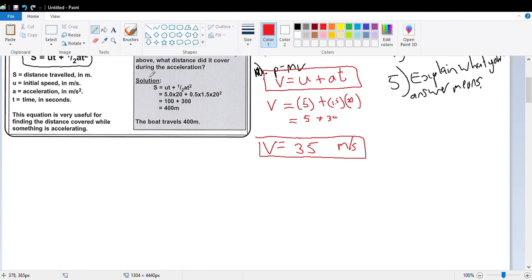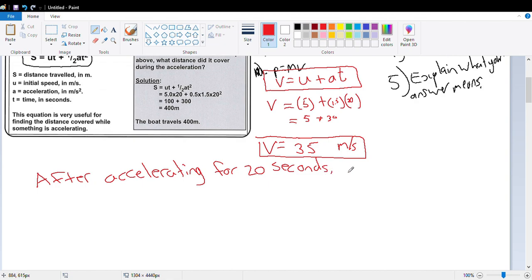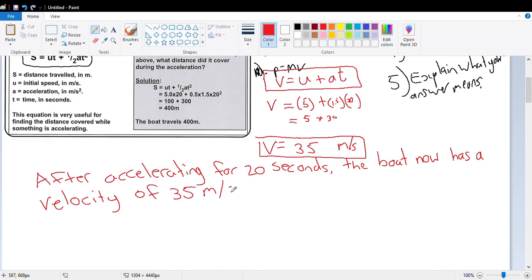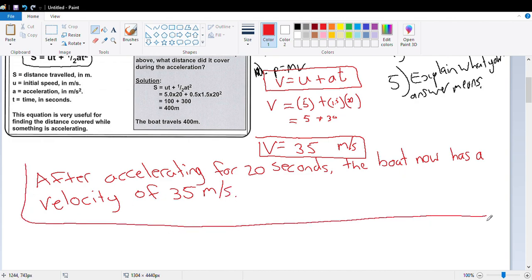So after accelerating for 20 seconds, the boat is now moving 35 meters every single second. And I'd like to put a box around that.